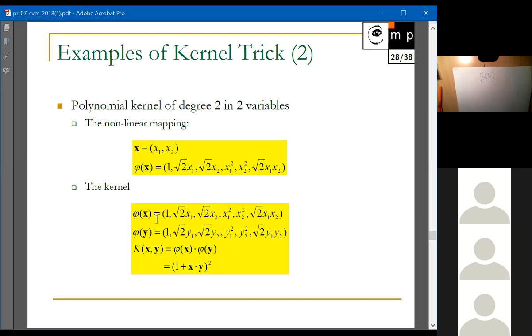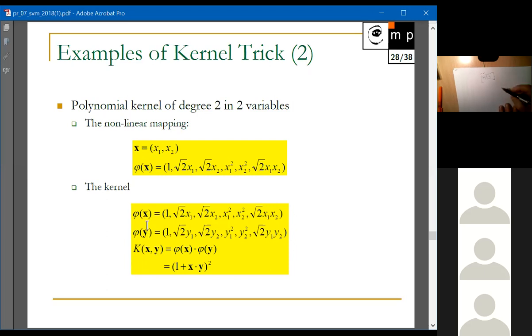So let's calculate the dot product here, where phi of x is this lifted vector. We took 2 measurements and lifted them into 6 numbers. We have 2 points, x and y. Let's do the dot product.